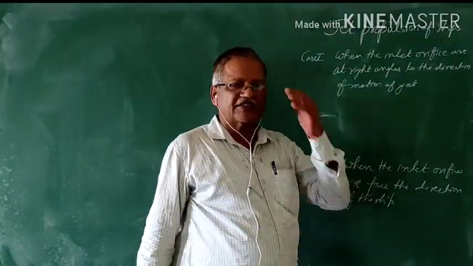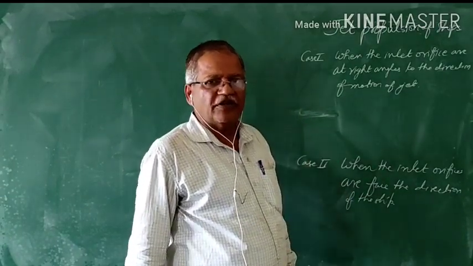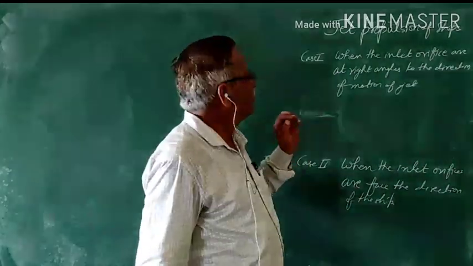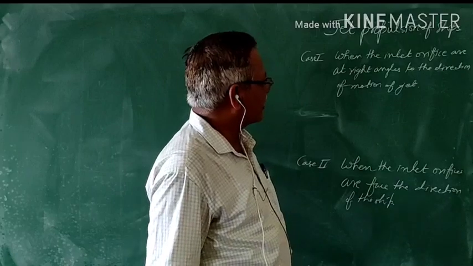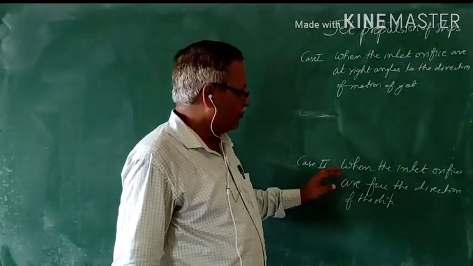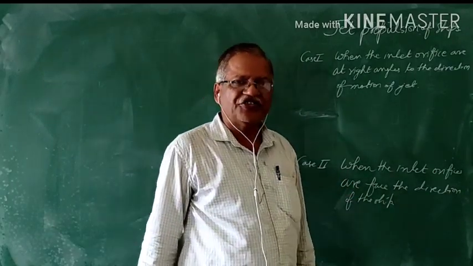Today we will discuss the jet propulsion of ships. In this case we will have two cases. Case one is when the jet orifices are at right angles to the direction of motion of the ship, and case two is when the inlet orifices face the direction of the ship.